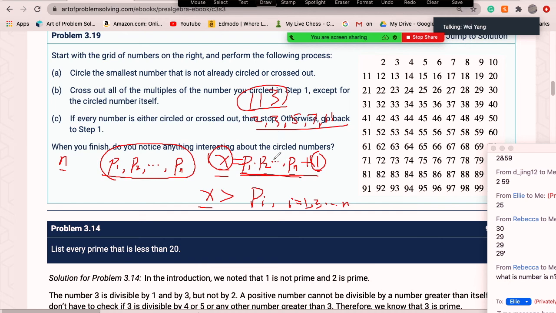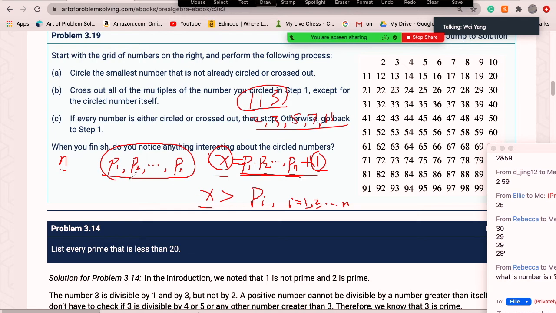We use p1, p2 to pn to divide x, and we all get remainder 1. That means none of these prime numbers can divide x, so x is a prime number, right? But x is greater than all these prime numbers.